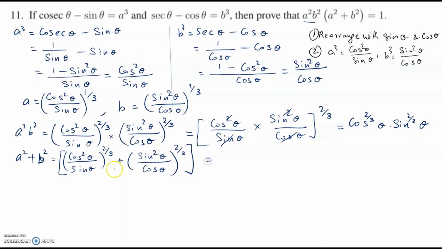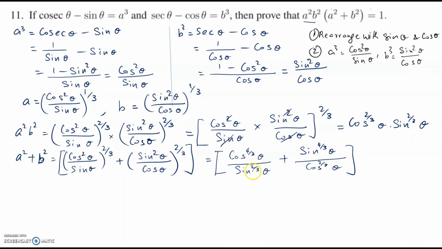Since the denominator is sin to the power 2 by 3 theta here and cos to the power 2 by 3 theta there, let's first move the power inside. So you will get cos to the power 4 by 3 theta divided by sin to the power 2 by 3 theta, plus sin to the power 4 by 3 theta divided by cos to the power 2 by 3 theta.